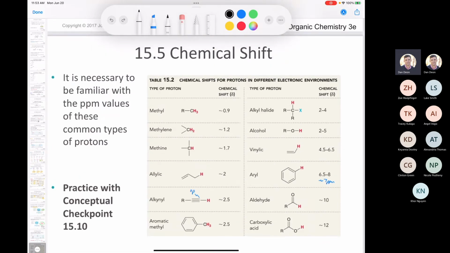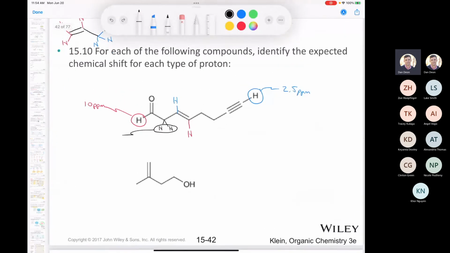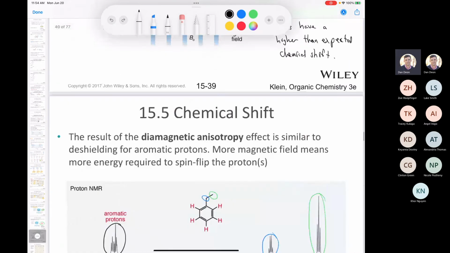Okay, now hold the phone. We can't just say that it's 2 because they're allylic. So let's scribble that down here. Allylic. So we'll put 2 parts per million, but they're alpha to a carbonyl, right? This is an alpha carbon. They're next to the carbonyl. So let's go back a couple more tables.